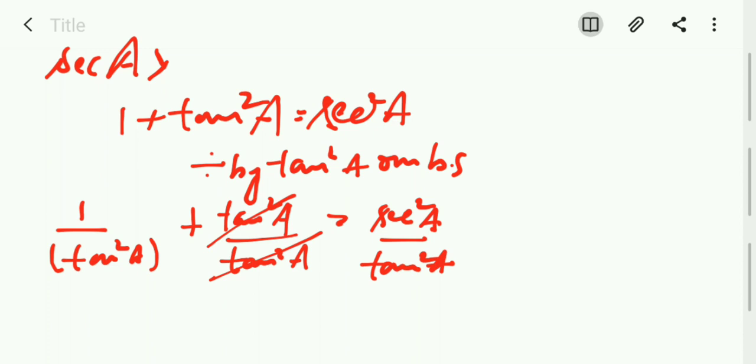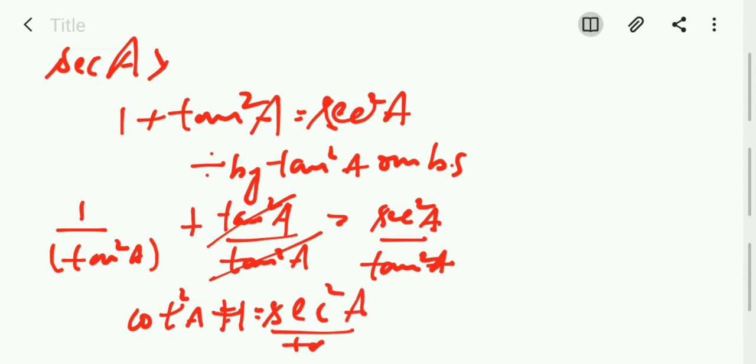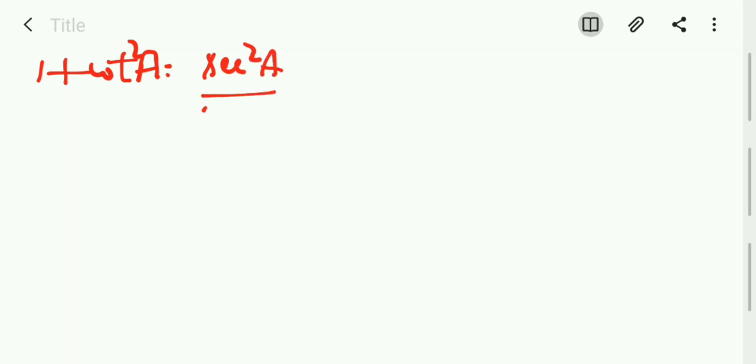Now 1 by tan square A is nothing but cot square A, and this is plus 1, equal to secant square A by tan square A. So we got the equation 1 plus cot square A is equal to secant square A by tan square A. And once again 1 by tan square is nothing but cot square A, right?